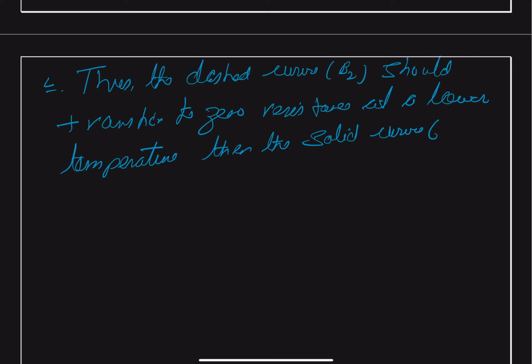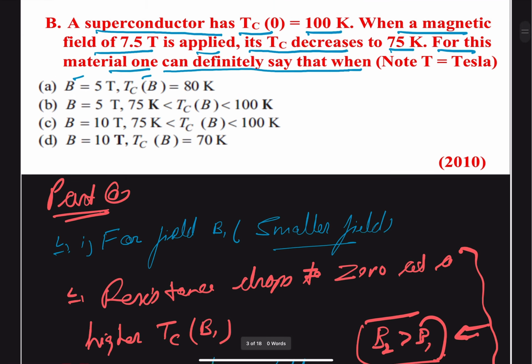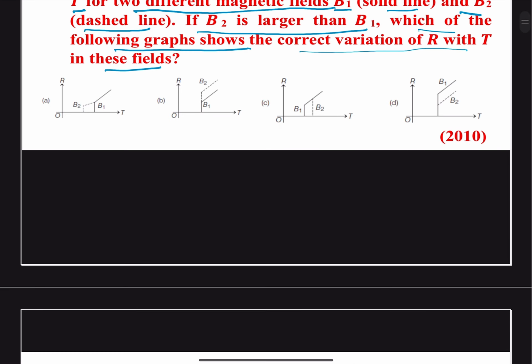And the solid curve is a representation of magnetic field B1. Therefore, we can say our B2 should be transitioning to 0 at the lower temperature.